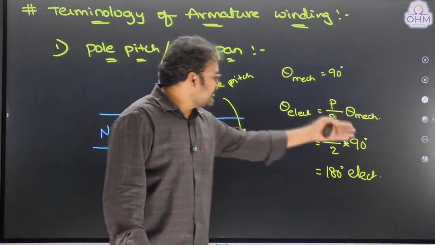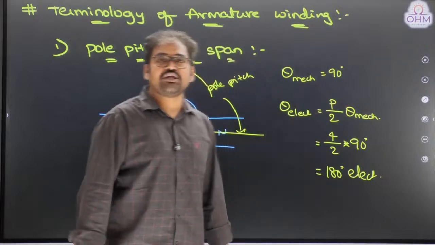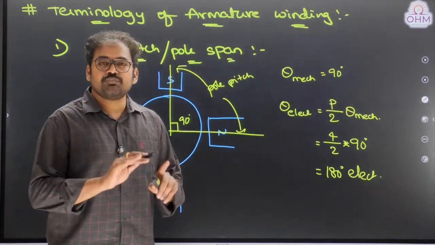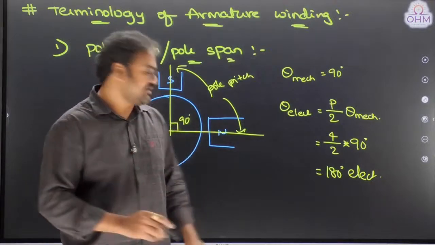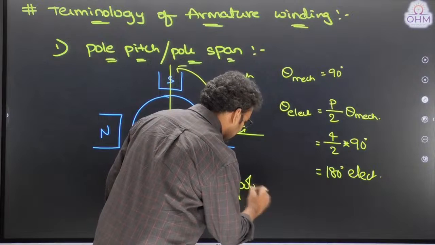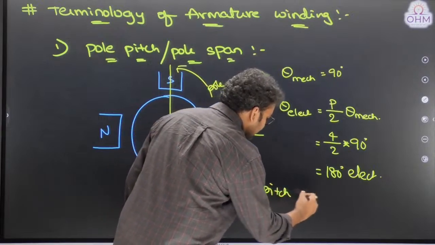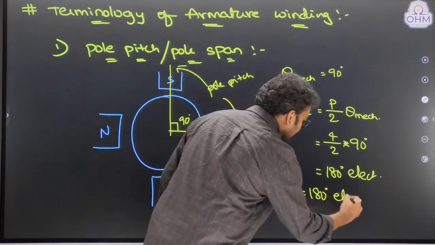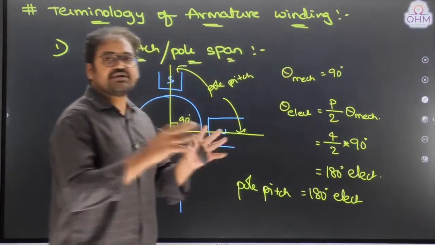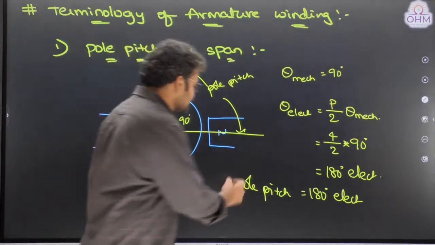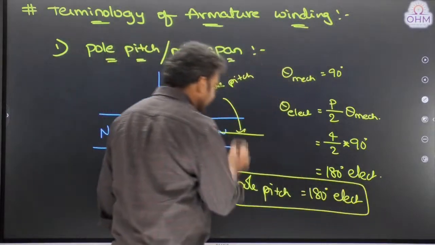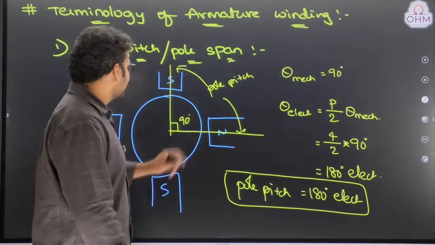But when you convert into electrical angle, it will become 180 degrees. Therefore, pole pitch is always equal to 180 degrees electrical. The mechanical angle may change from one machine to another, but electrical angle is always equal to 180 degrees. Correct? Okay, this is pole pitch.